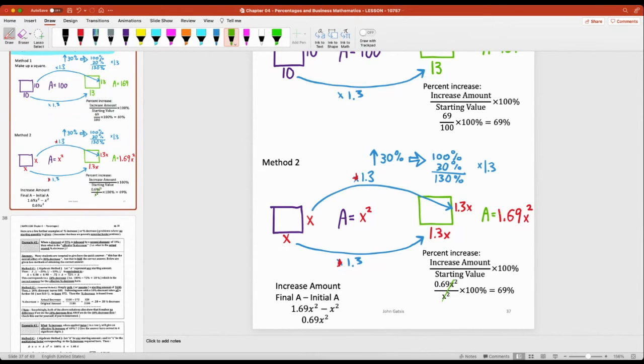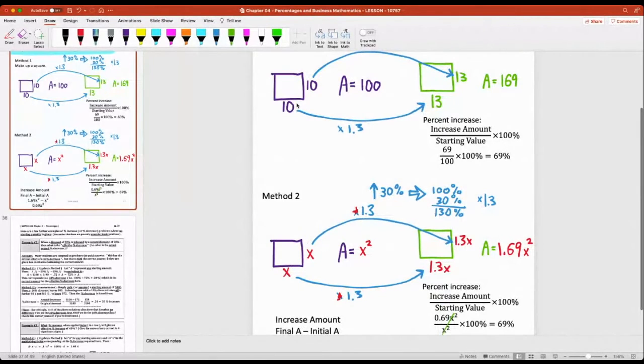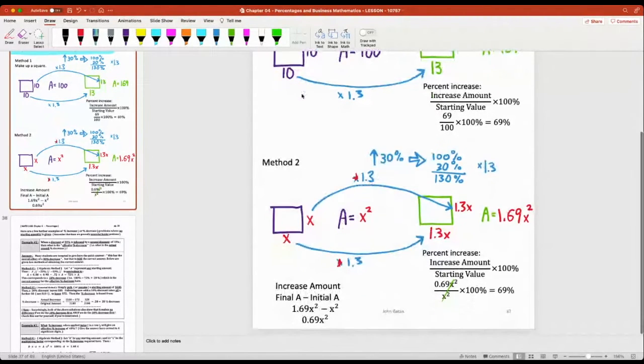And that's huge, because in math, when you want to make an argument to somebody, you can use an example and say, this is my example to show you. But it's another thing to prove it for every possible situation. What we've done is we've proven it for any square. Here, we've only demonstrated it for a square that was 10 by 10. Here, we've demonstrated it for all squares. Big difference.